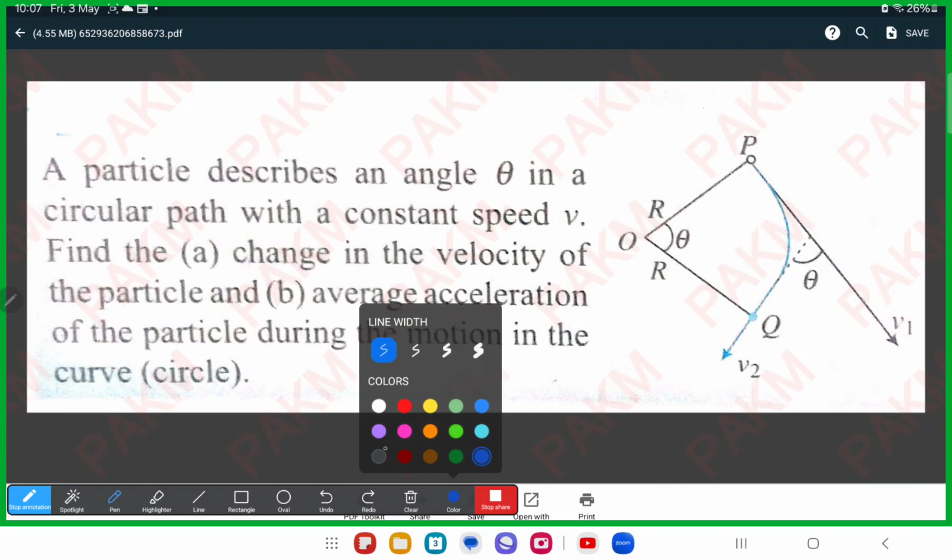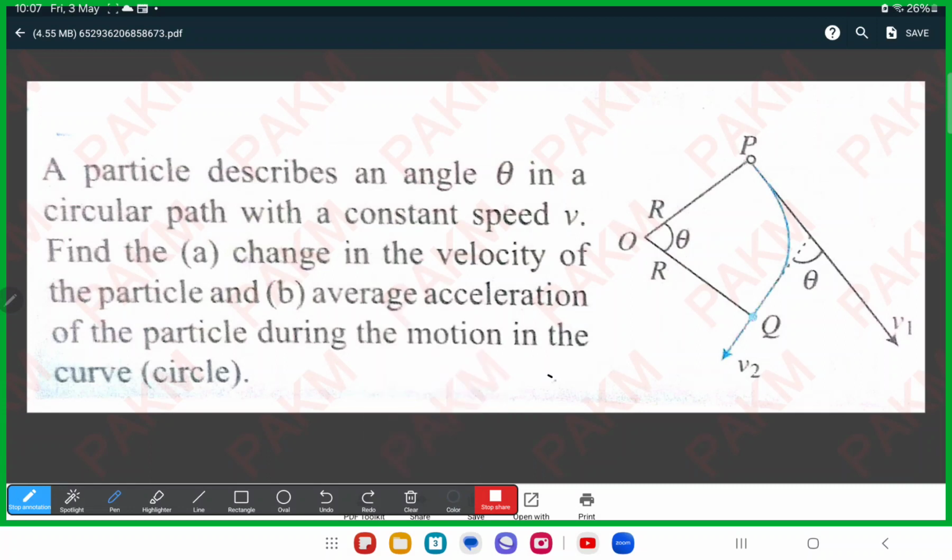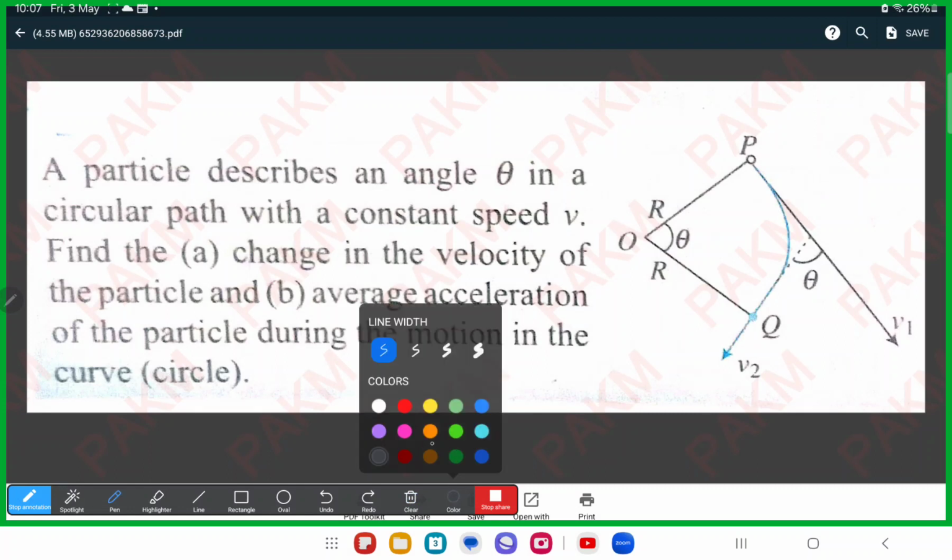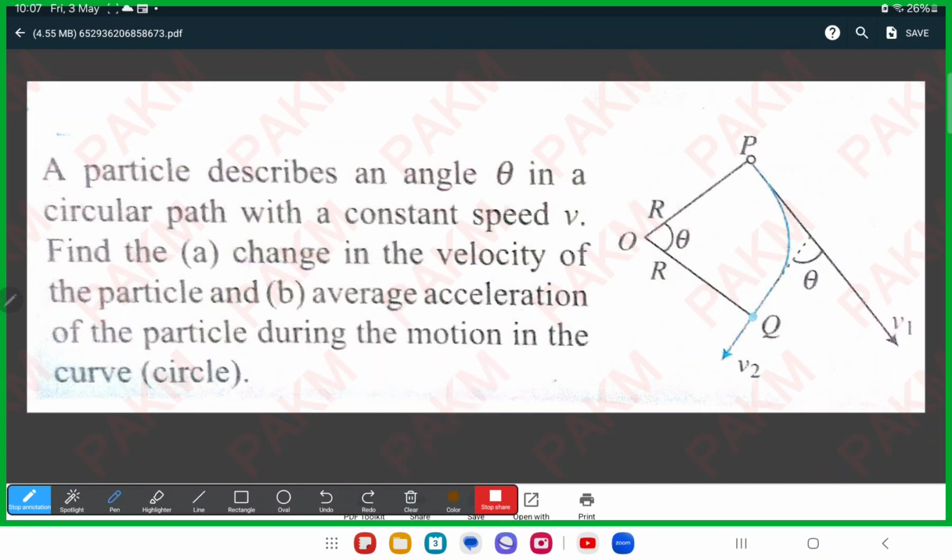Here you can check the particle is starting from this point, and it looks like some curved path it is following. The blue line looks like the curved path, and it has started from point P.